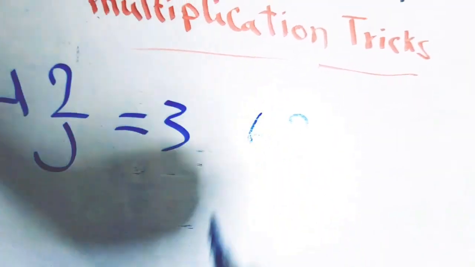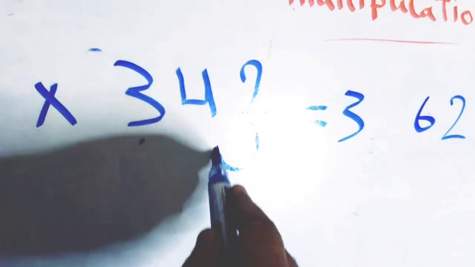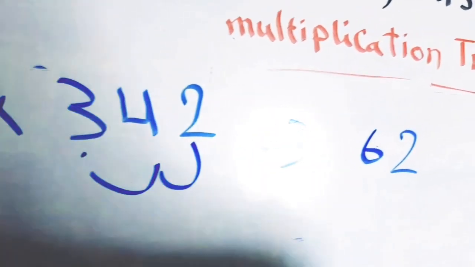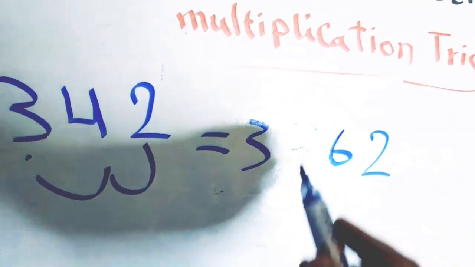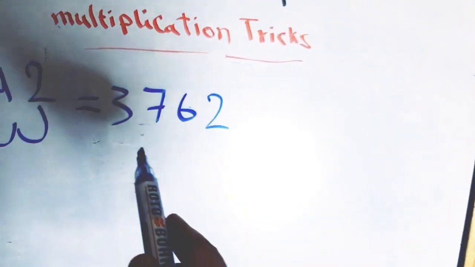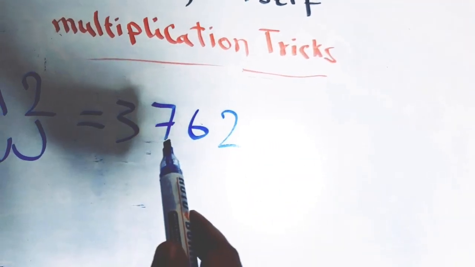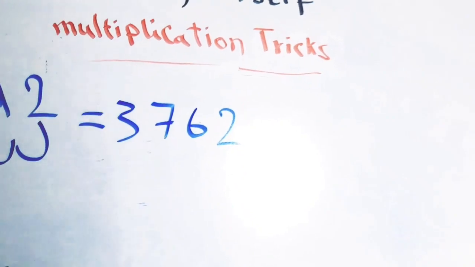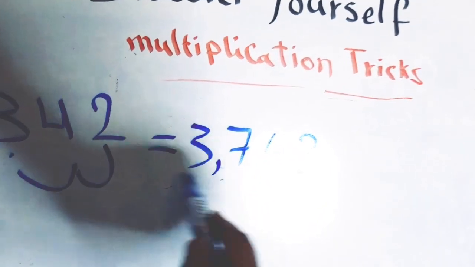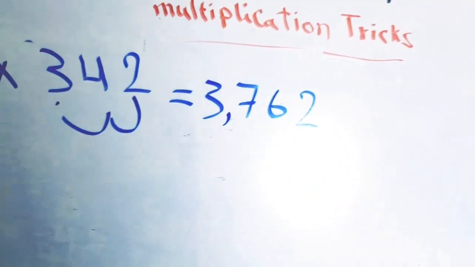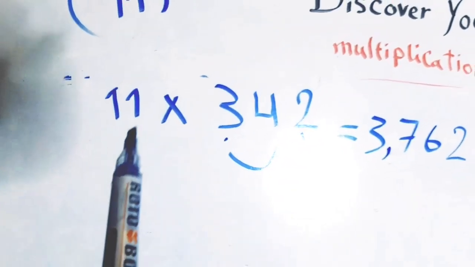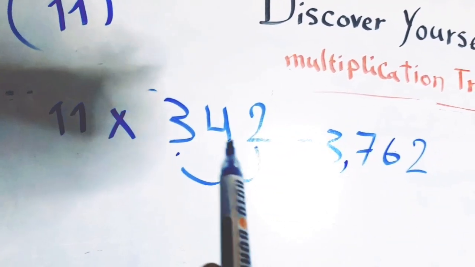We write 6 here. 4 plus 3, 7. So we have 3,762, which is the multiplication product of 11 times 342.